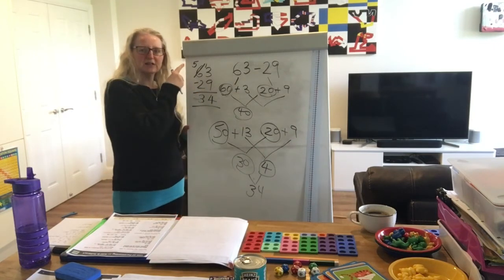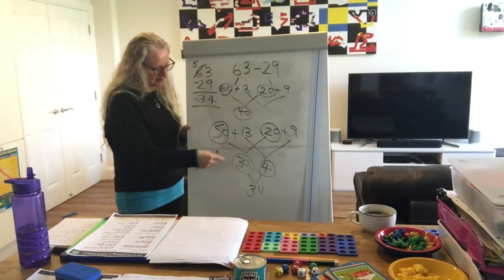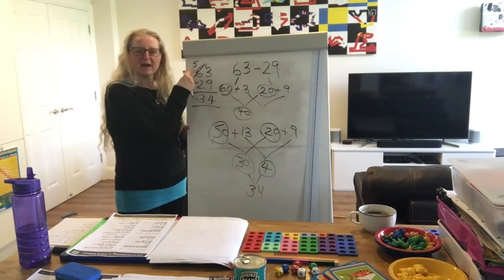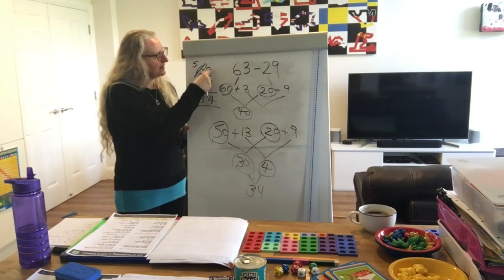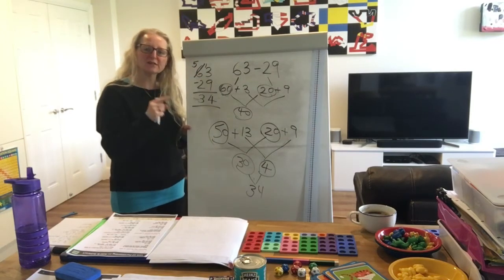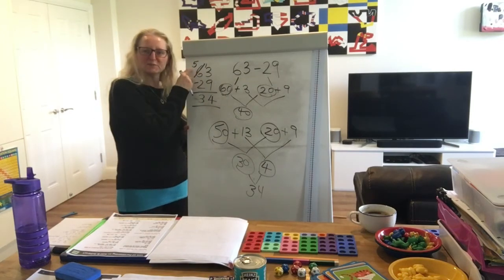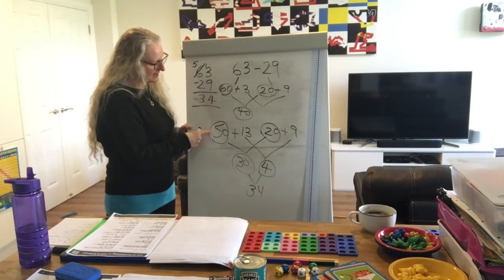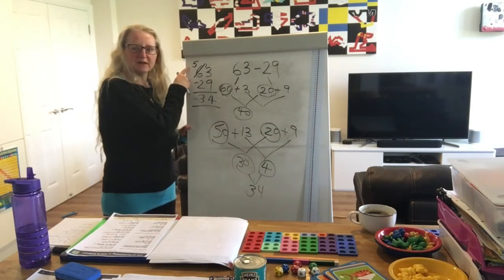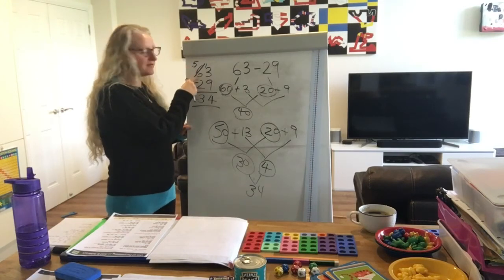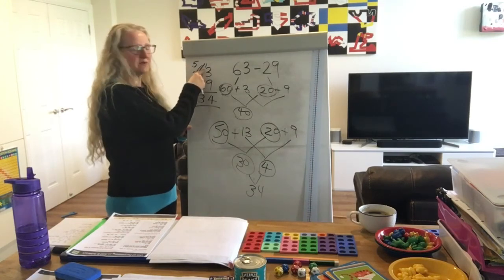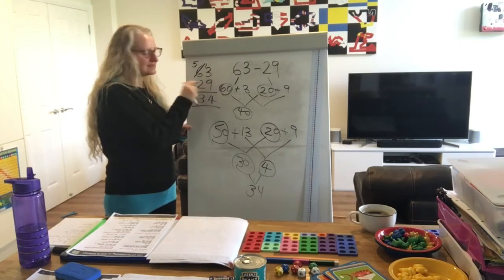And if I actually look at what I've got here, this is a shorthand version of what is here. I indeed have represented that I've got 50 and 13. And for the first time, I've got a way of explaining to a child what I do here. So what I'm doing is partitioning the number differently. I'm exchanging one of my tens for 10 ones, so I've got enough ones to take away my 9.